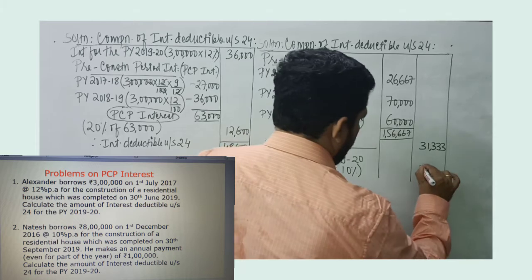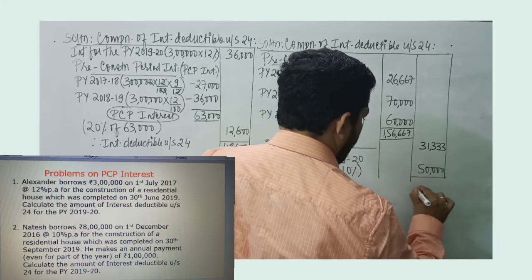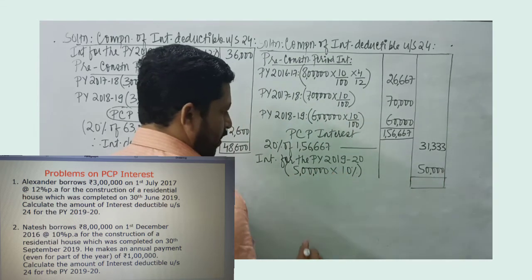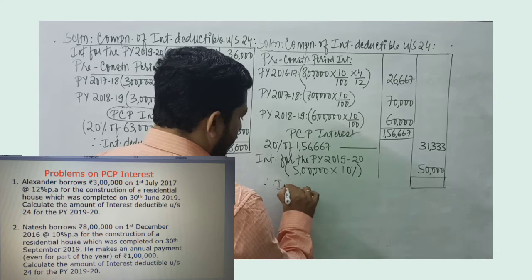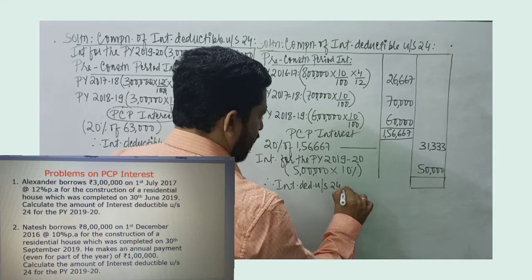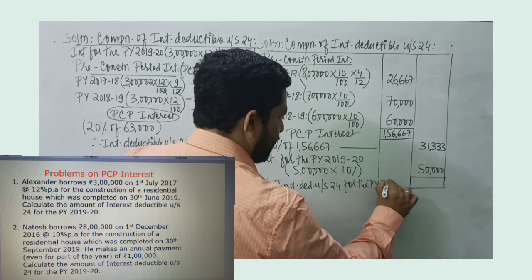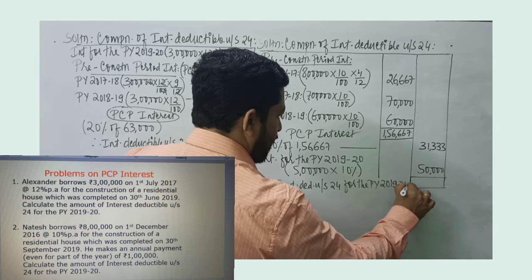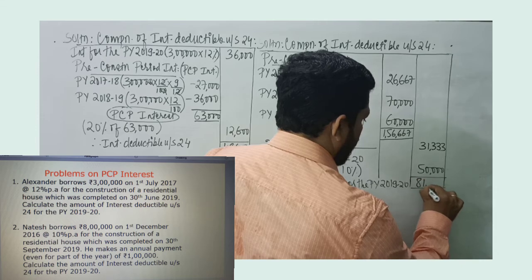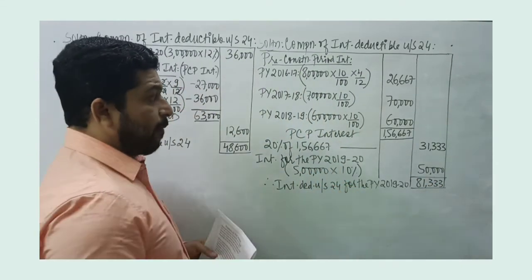So 5 lakh into 10% would work out to 50,000 rupees. Therefore, interest deductible under section 24 for the previous year 19-20, because this is the year the construction is completed, would work out to 81,333.